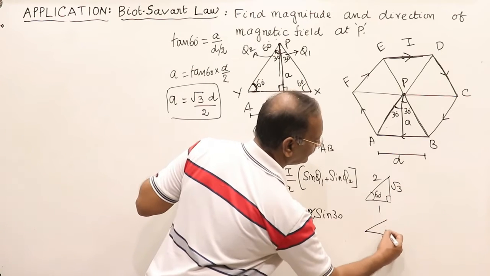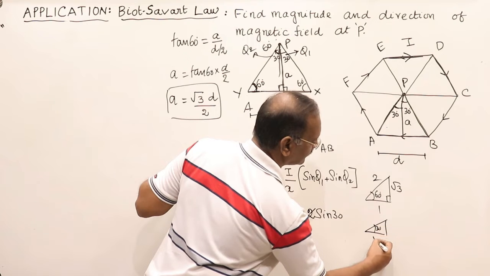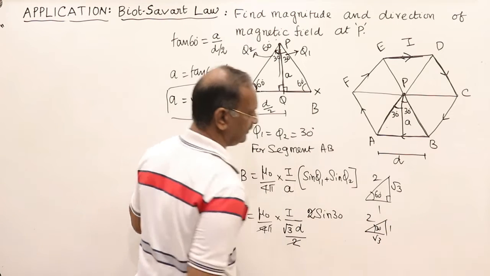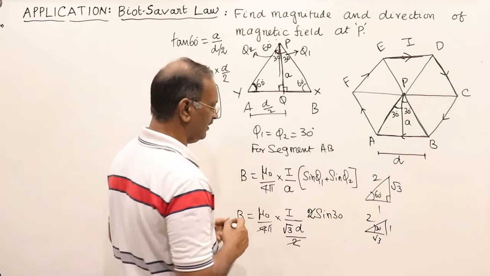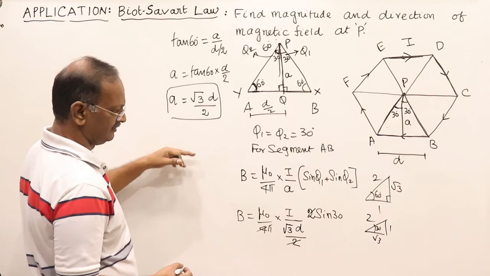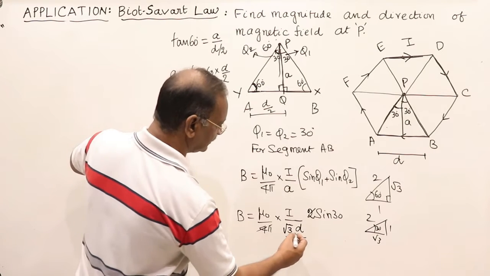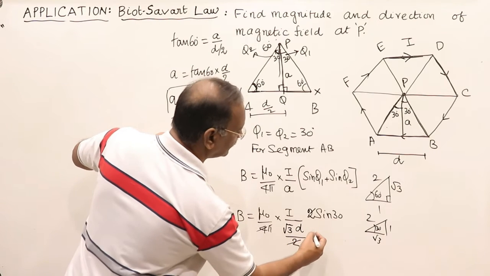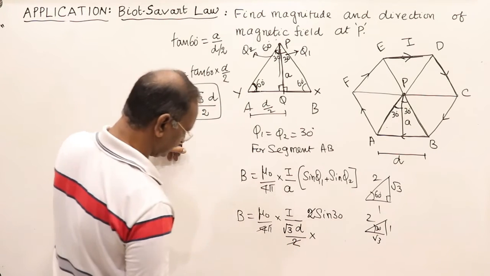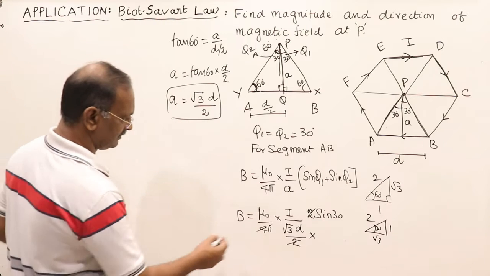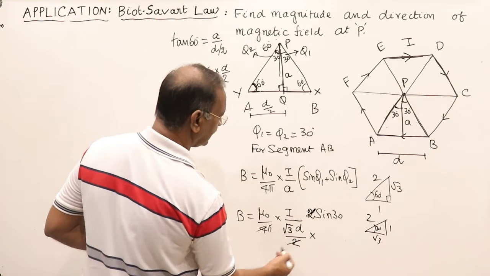Or let us draw it. This is 30, root 3, this is 2, 1. So sin 30 is equal to half. So this is equal to pi by 2, 2. This 2 we got cancelled.